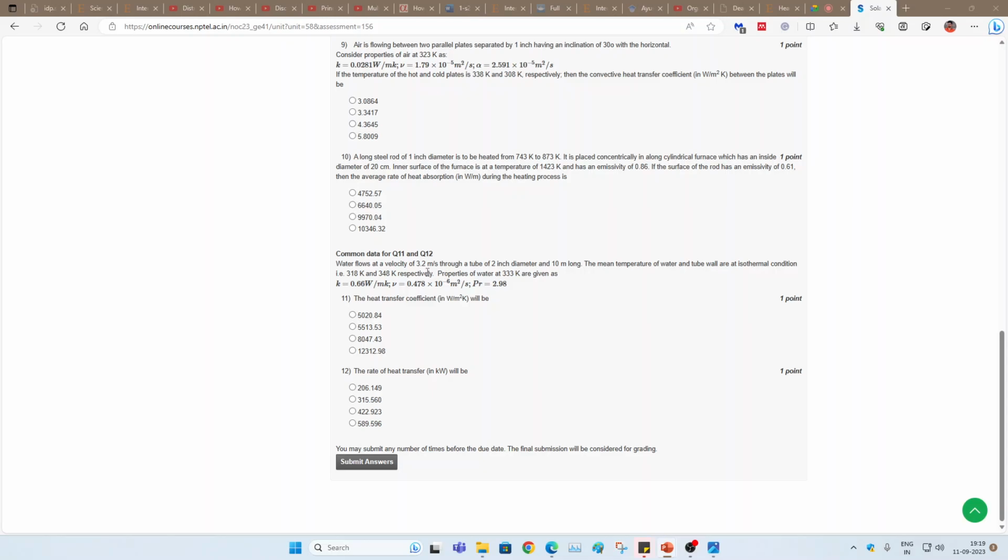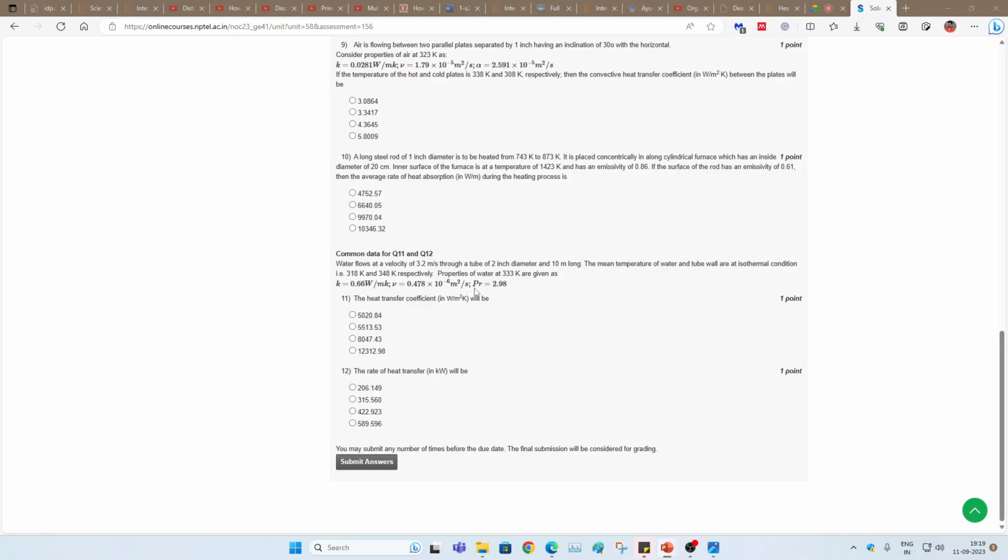You know the density of water is 1000 kg per meter cube. K is given, you can get the Cp. After getting the Cp, you can calculate. The temperatures are given. Everything is given. Only the heat transfer coefficient you have to calculate. The rate of heat transfer will also be calculated.